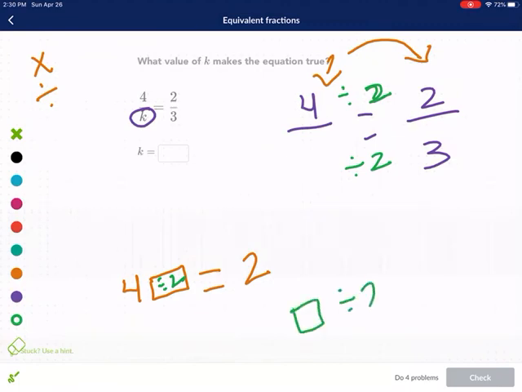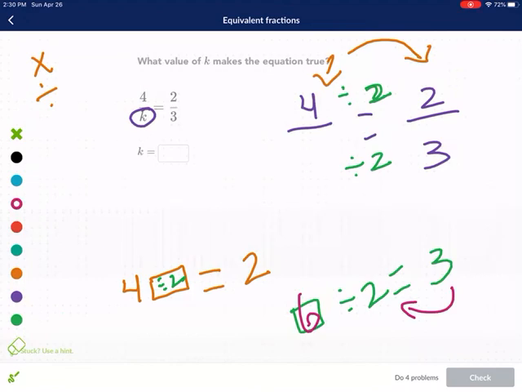So what divided by 2 equals 3? Well, I always know to figure out a problem, I can do the opposite, and the opposite of division is multiplication. I can go in here and say 3 times 2 equals 6.